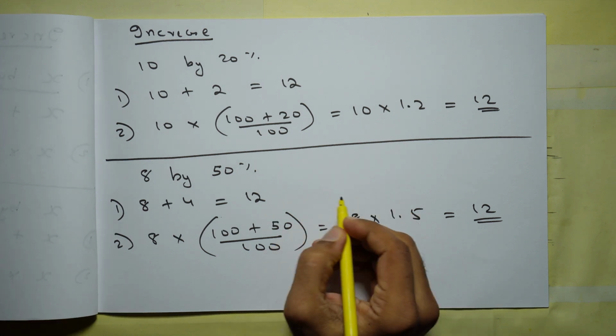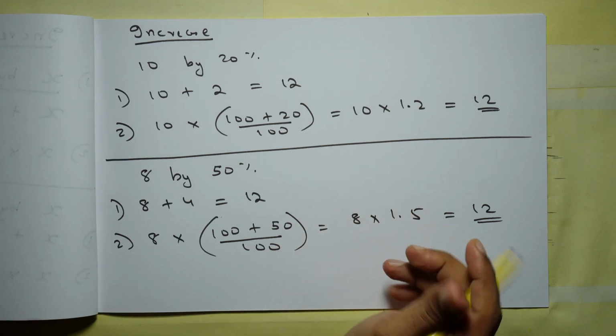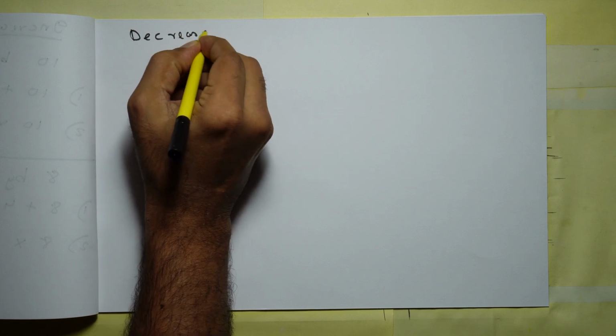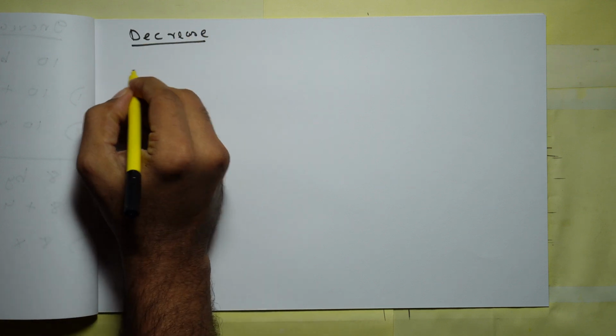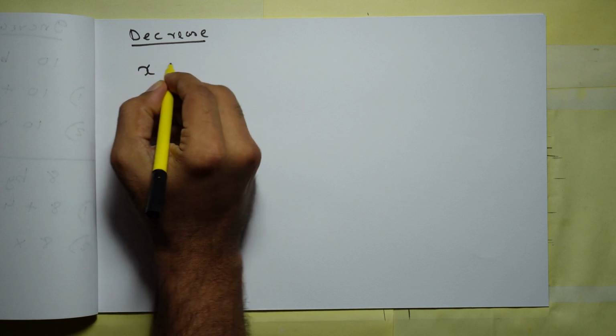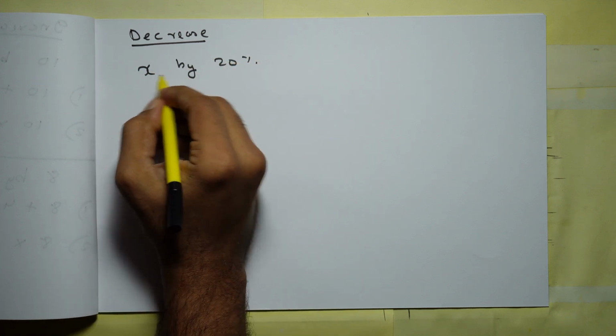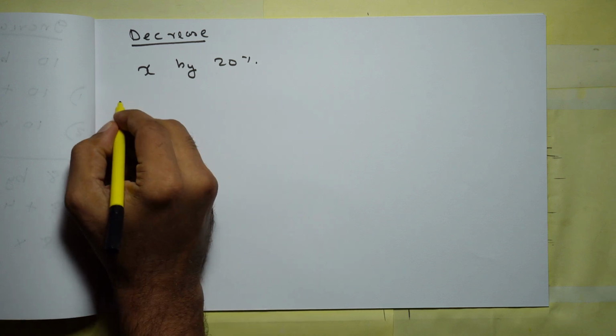Next, let us see how to decrease a value by a certain percentage. Now you have a value x. You want to decrease x by, let us say, 20%. There are two methods of doing this. One method is like this.